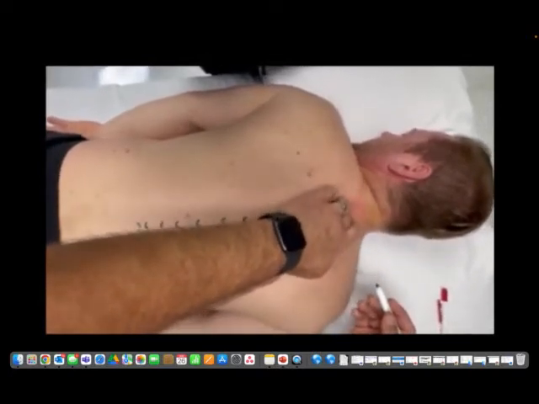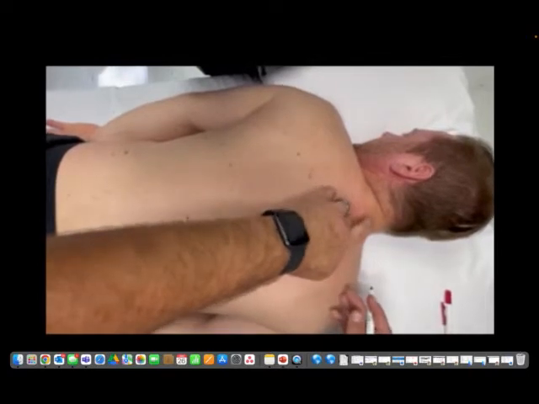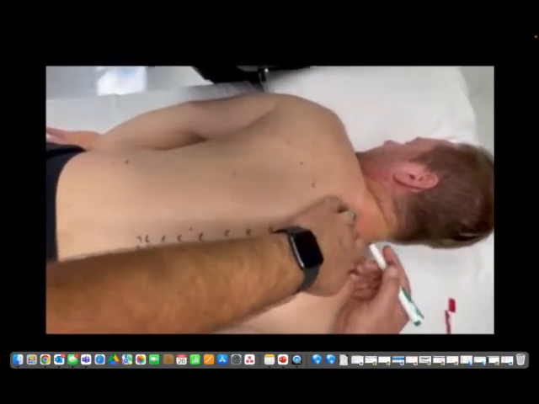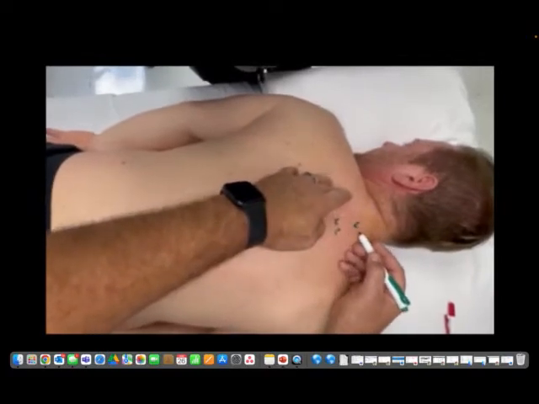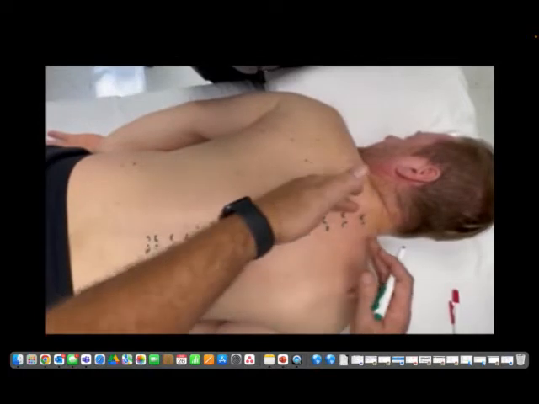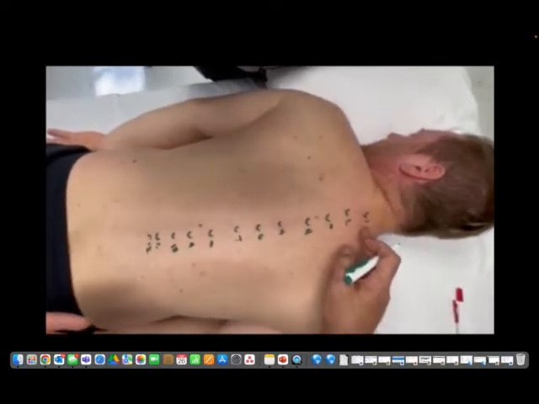So rotated with the head, the spinous process will rotate as well. And there's one. So you can follow those processes all the way up to get up to T1.